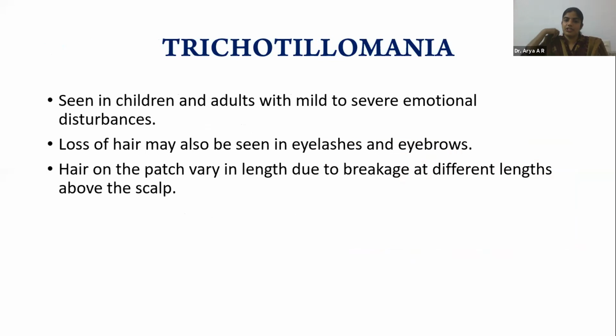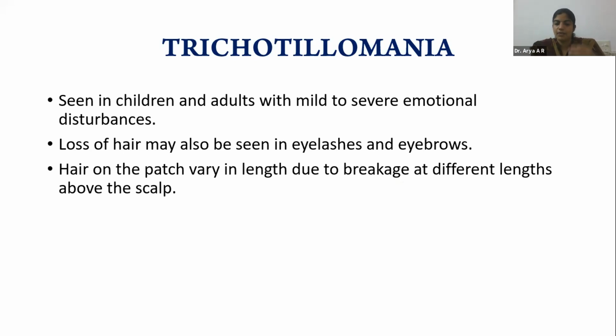And the next condition is trichotillomania. Trichotillomania is associated with some mental disturbances. While having emotional disturbances, we could see some people always picking off their hair. They will start pulling their hair and breaking it off, and this will lead to a difference in length of the hair.